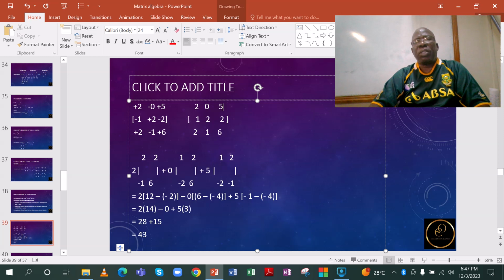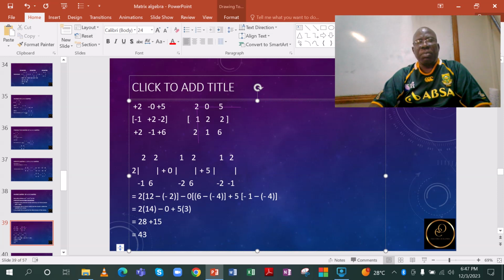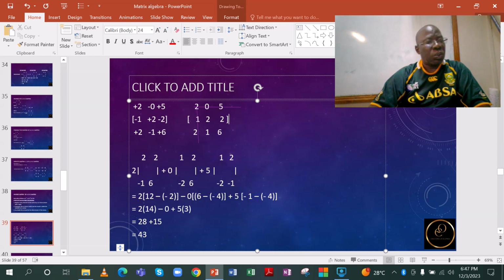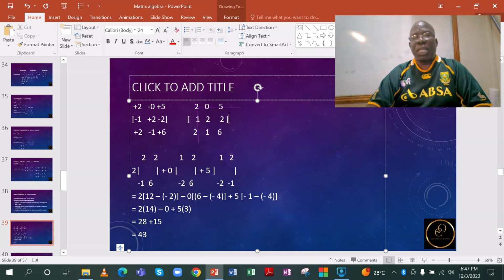For 2, you cancel the elements falling on the lines of its row and column, leaving you with 2, 2, 1, 6. So that's what we have.